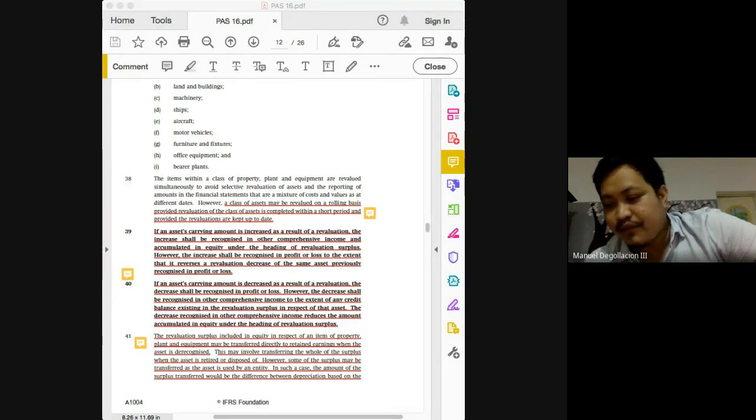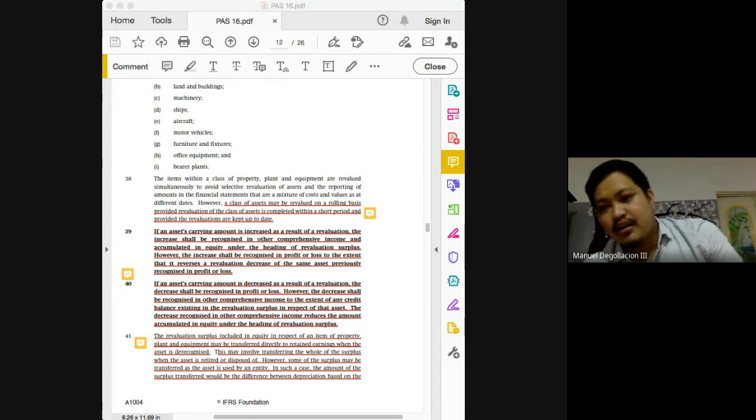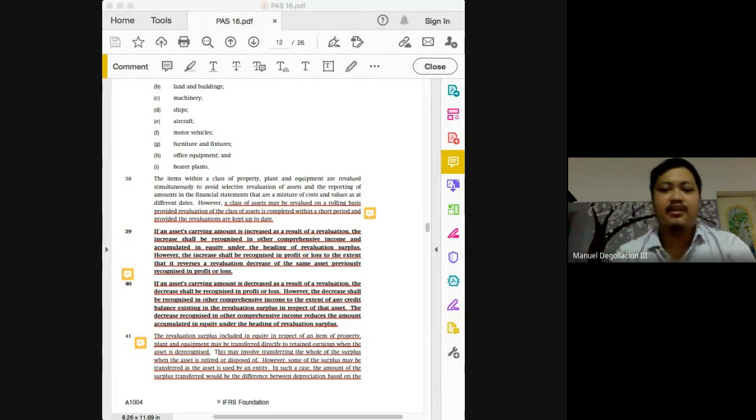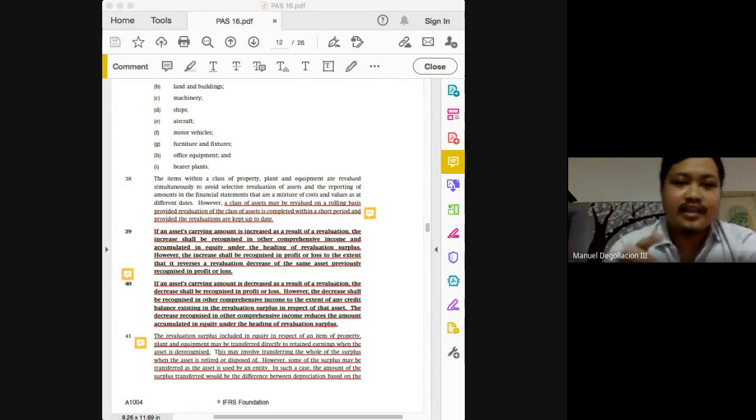The increase of fair value in the amount of 200,000 will not be recognized as revaluation surplus because it was not yet able to fully recover the previously recognized impairment. So the 200,000 increase in the second revaluation will just be considered as a gain on reversal of the impairment.